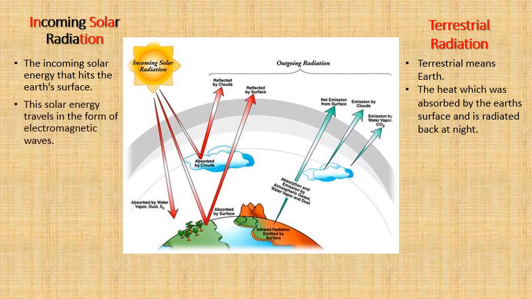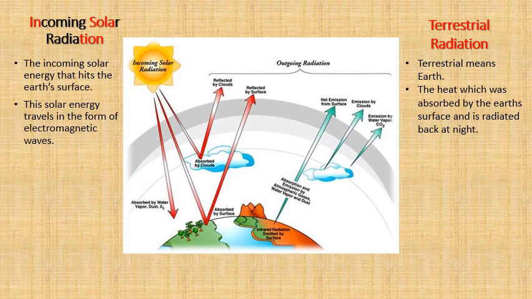Solar energy travels in the form of electromagnetic waves. You would have learned about the electromagnetic spectrum. In the middle you have the visible portion of light, on the left you have long waves, and on the right you have short waves. Short waves include gamma rays, X-rays, and all the waves which have a shorter wavelength and travel very fast.